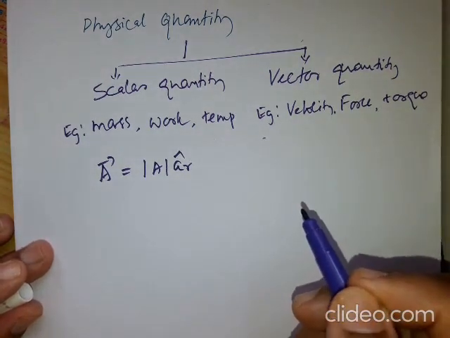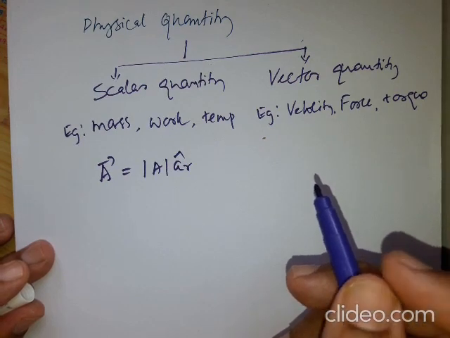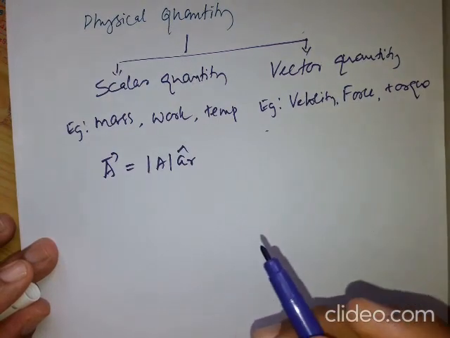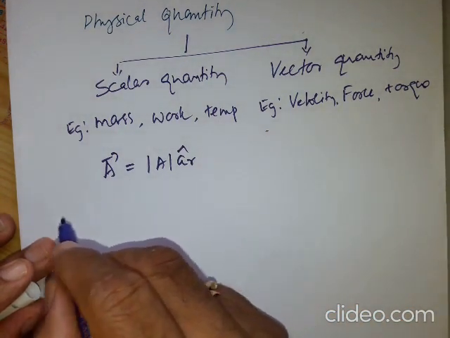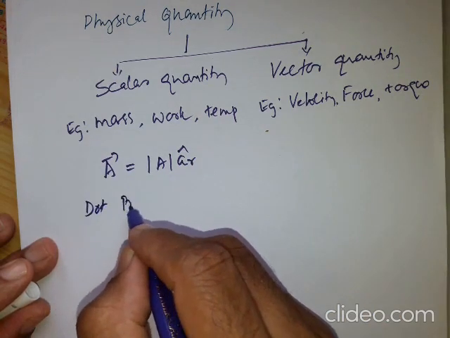And in vector calculus we have some topics like vector multiplication. There are two types of vector multiplication. One is known as the dot product.